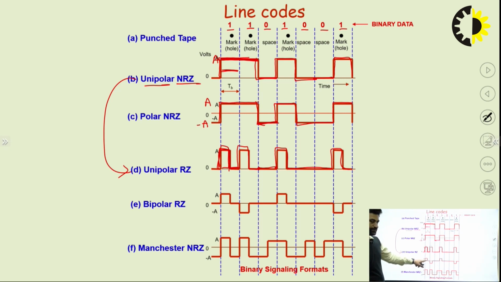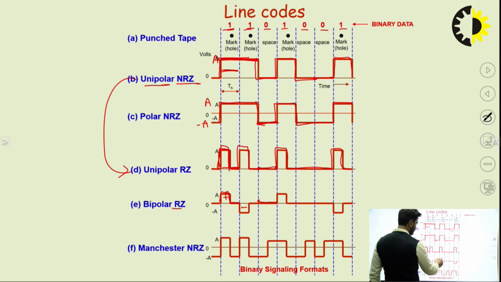Bipolar RZ that we have done in today's lecture. Whenever the 1 is there, we show the pulse, and for this RZ, for the half duration. When the next 1 comes, we do the inversion, alternate marking. Here positive, so here negative voltage. 0 will be presented as 0. Again you can see negative voltage there, and then positive voltage.